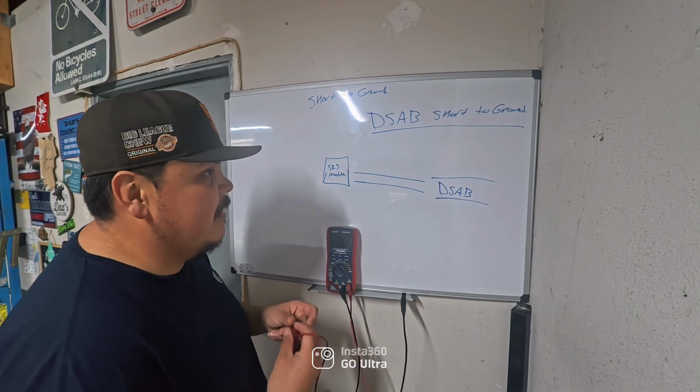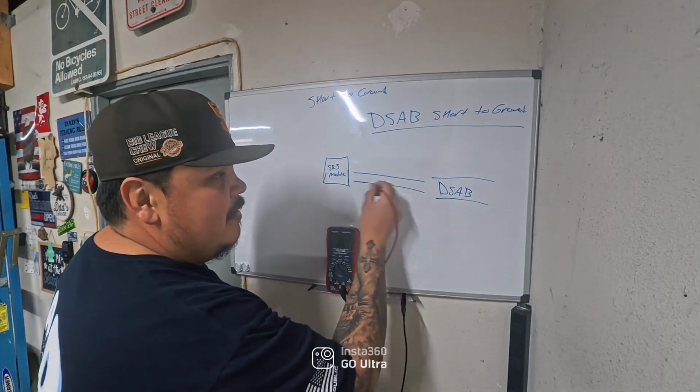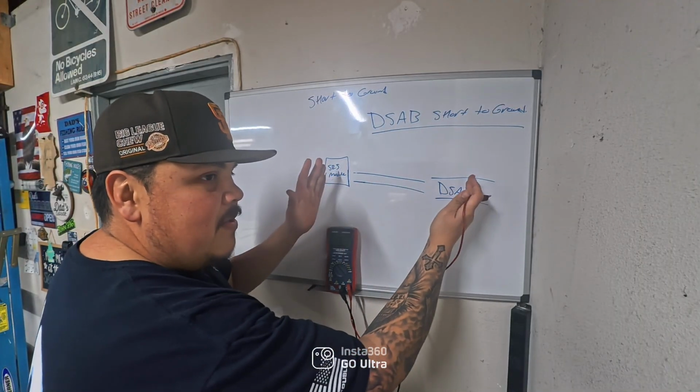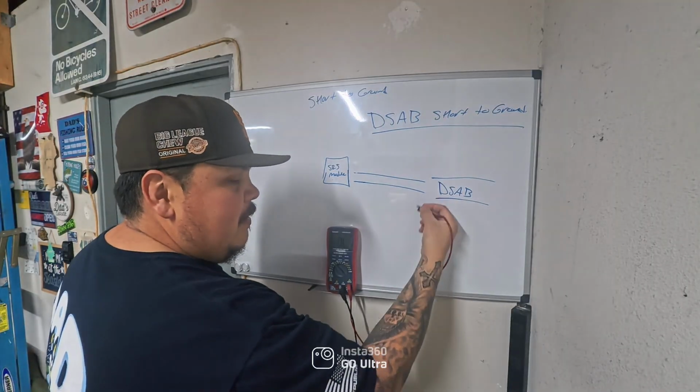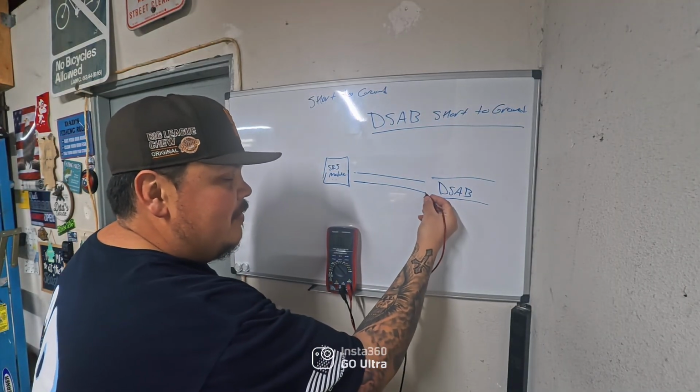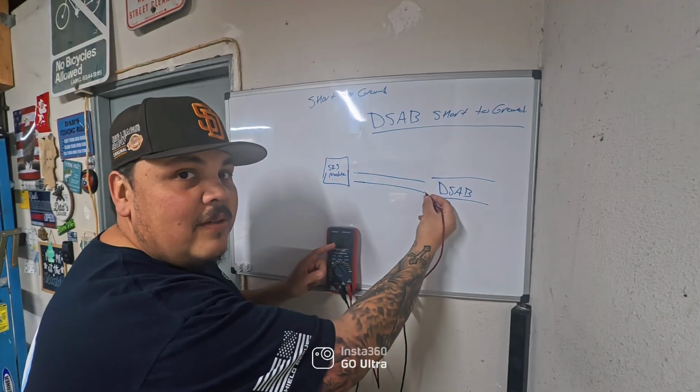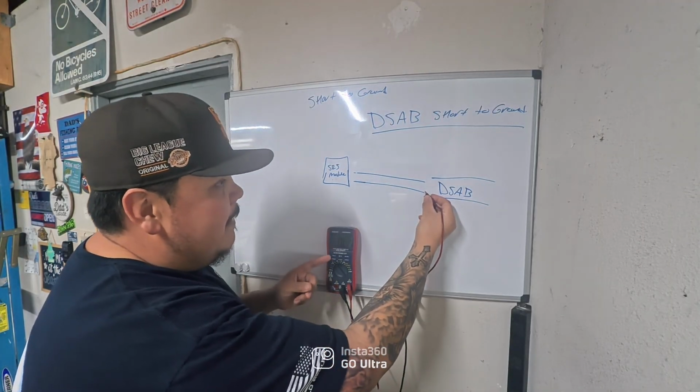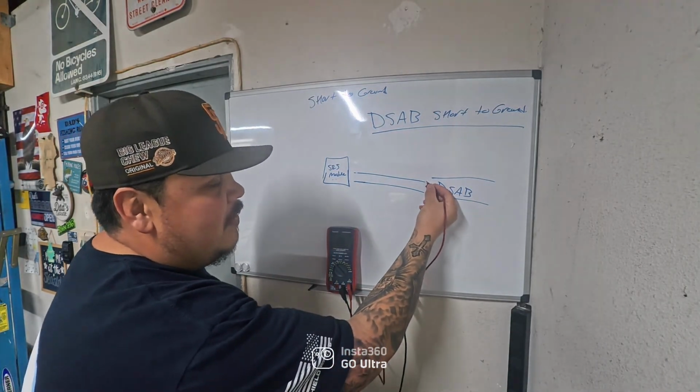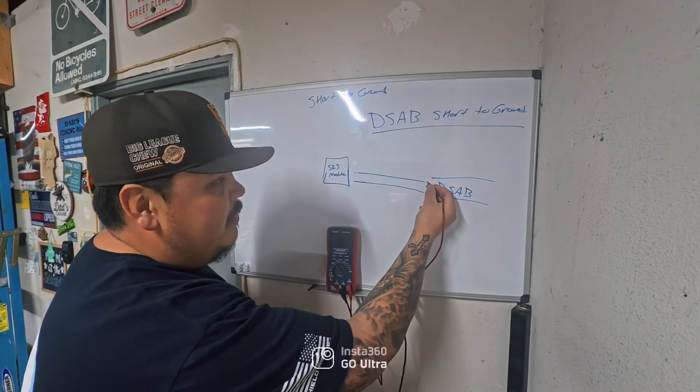It doesn't matter which end you're testing as long as both components are unplugged. Black lead to chassis ground, red lead to 1 wire. Should be OL, open circuit. Okay, that wire is good. Then we go to the other wire, OL.